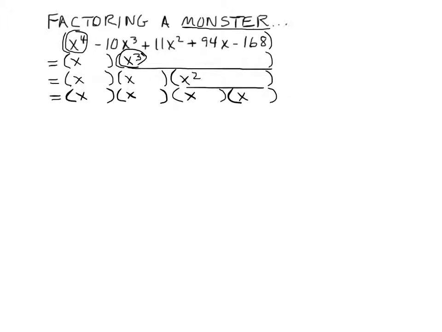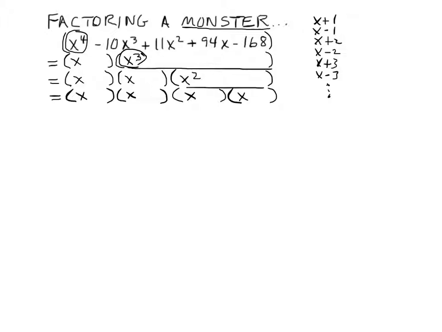We have no choice but to start dividing by x plus 1, x minus 1, x plus 2, x minus 2, x plus 3, x minus 3, and so on, until we get lucky and find something that works.